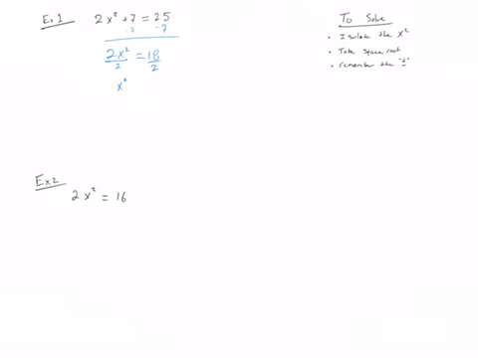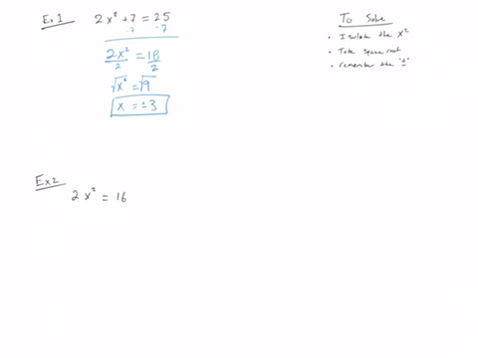So I get x squared is equal to 9. Now, to solve this, I want to take the square root of the left and the square root of the right. The square root of x squared comes out to be x. And whenever you take the square root like that, you're going to want to say the plus or minus. The square root of 9 is 3. So it's going to have to be x is equal to plus or minus 3.